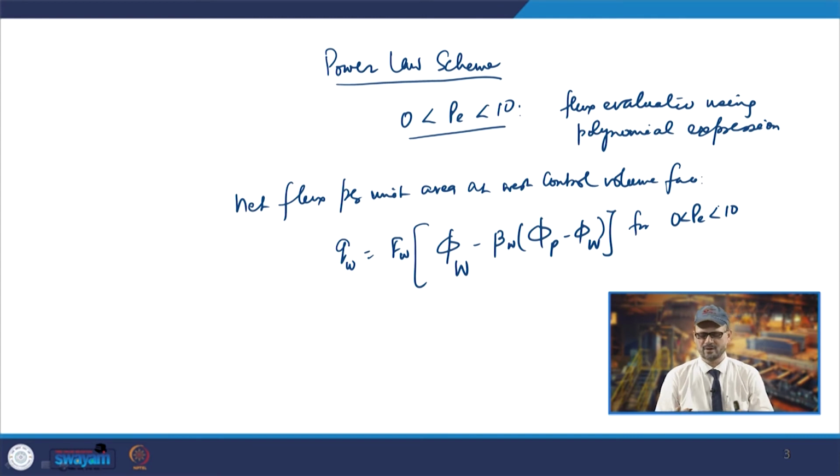And if the Peclet number is more than 10, in that case it is considered to be purely convective, so diffusion is said to be 0.